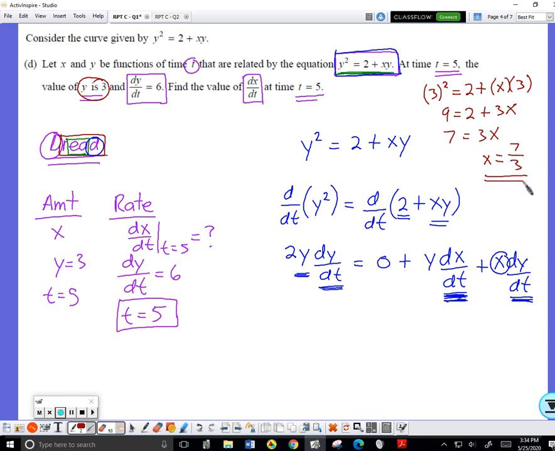So we can use that right here. So I'm going to get 2 times y is 3, dy dt is 6, equals 0 plus the y is 3 times dx dt plus x, which is 7/3, times dy dt, which is 6.